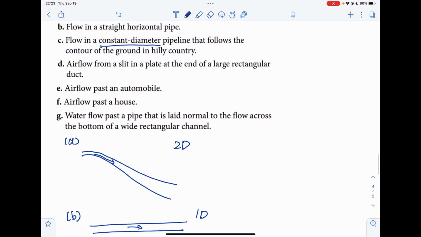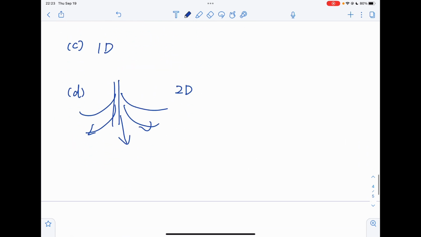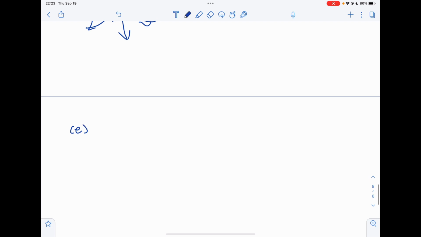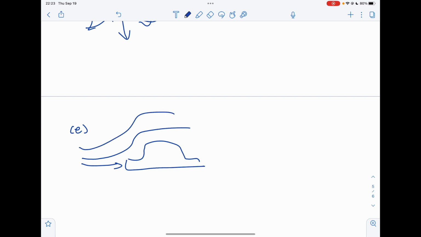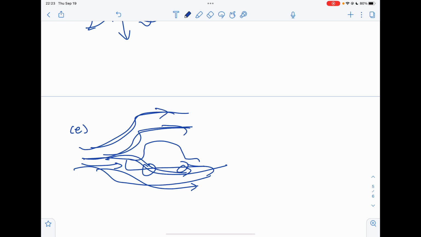So for problem E, it's airflow past an automobile. If you have a car, you have airflow that's changing in the directions, in X, Y, and Z. So it has different velocity in all directions, so it will be 3D.